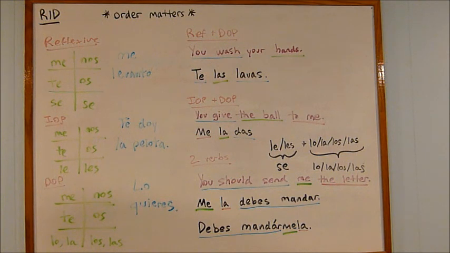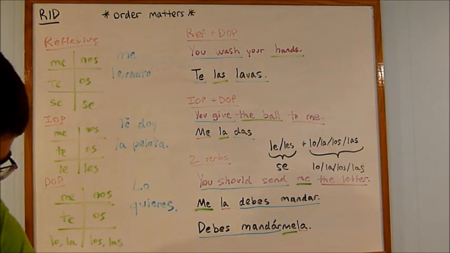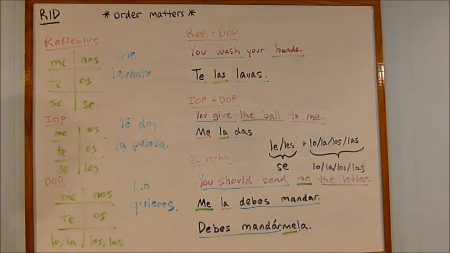The letter is feminine, so you use the word la for the pronoun. And then, since you're sending the letter to me, you have me as that pronoun.